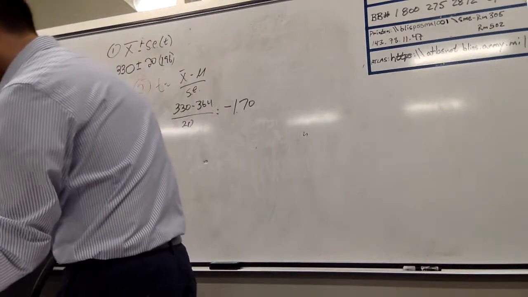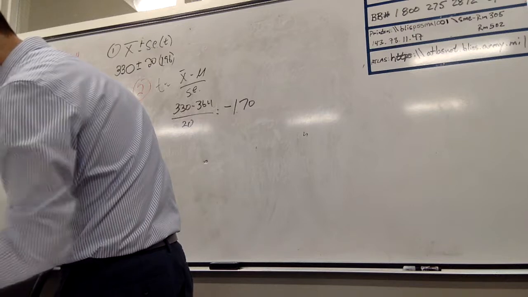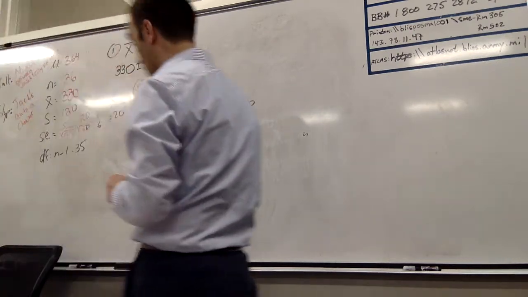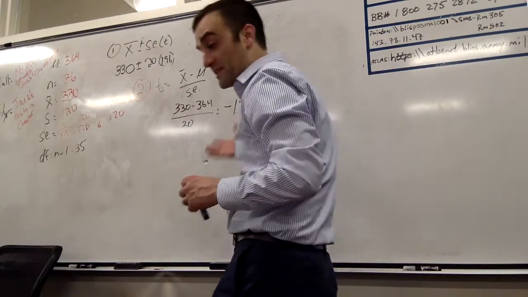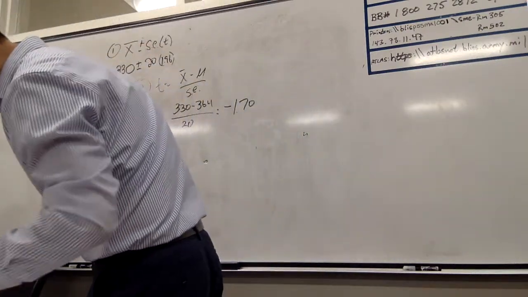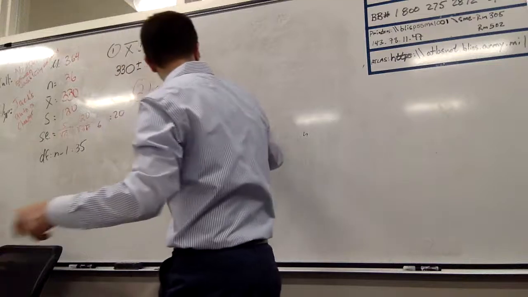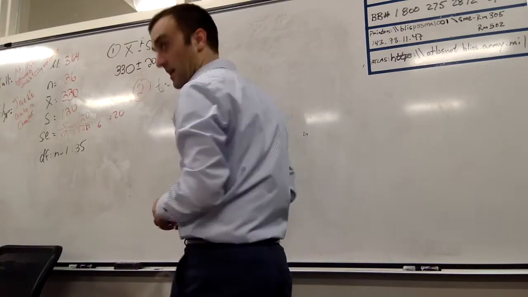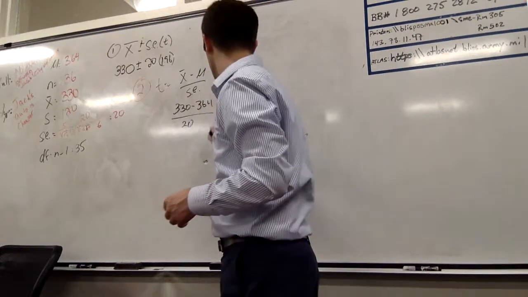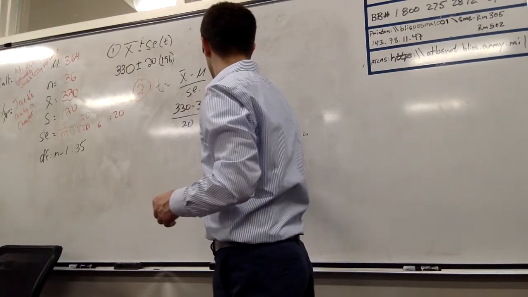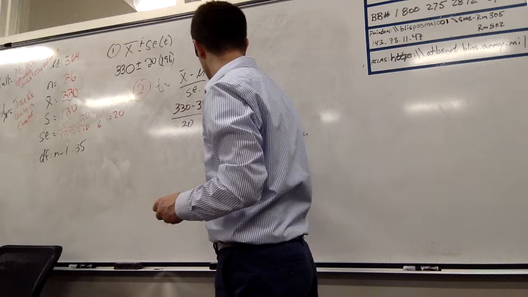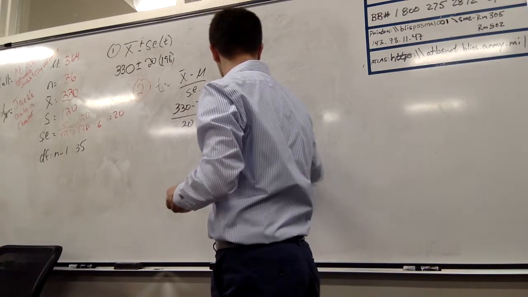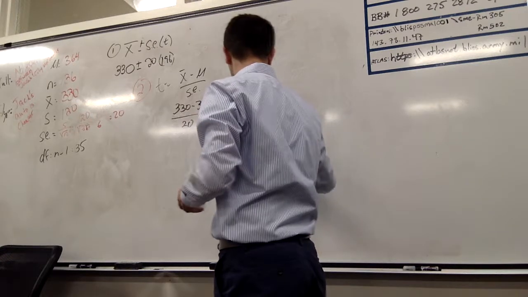And so when you go to your t table and look at 35 degrees of freedom, you're dealing with the infinity row. You're looking for where 1.7 is. It's somewhere between 90 and 95% confident, which means we have between 5 and 10% error, which is not good.